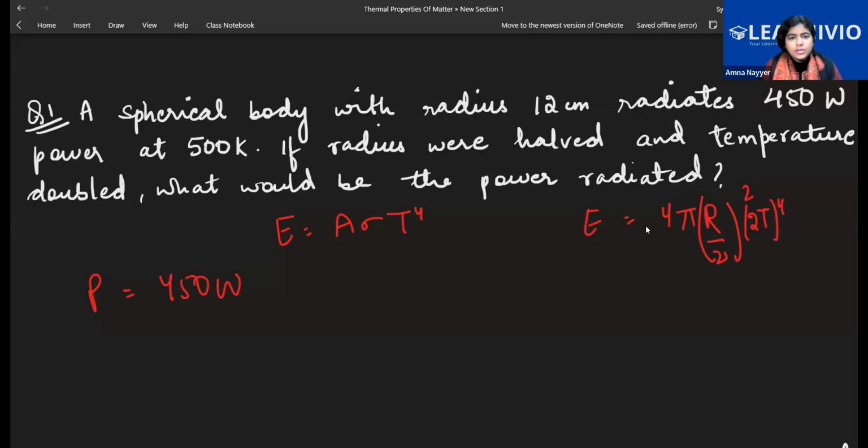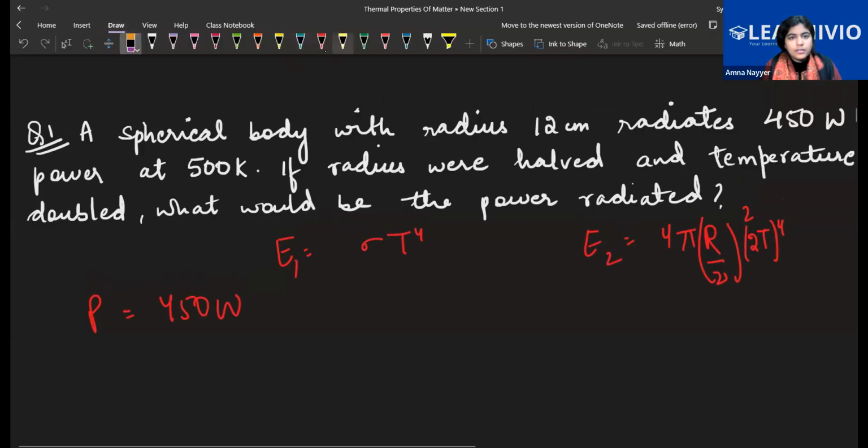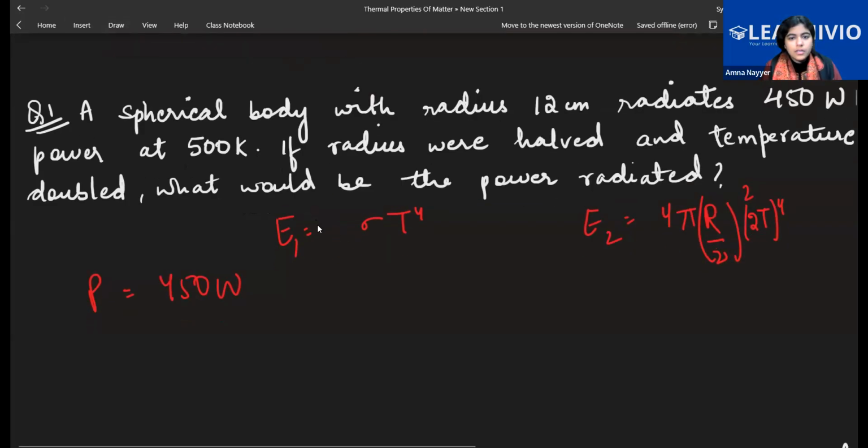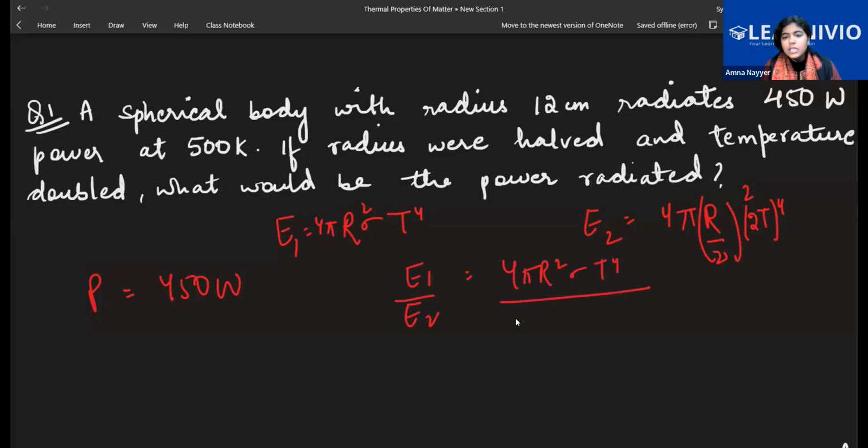If you take the ratio of E1 and E2, I'm writing this as 4 pi r square sigma T to the power 4 over 4 pi r square. So when you take the ratio E1 by E2, the 4 pi r square will cancel.